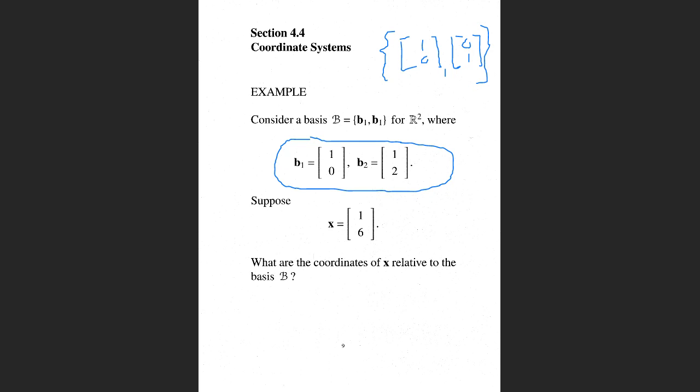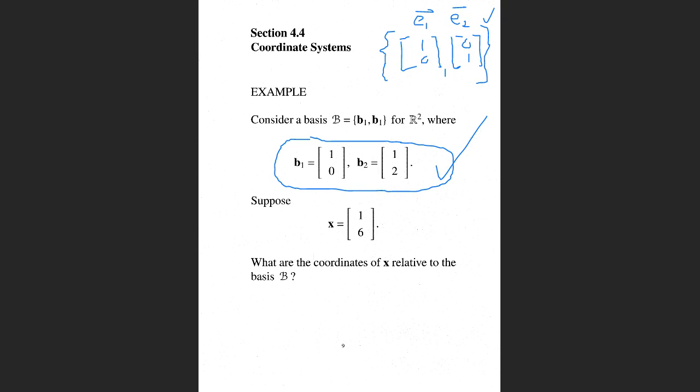So sure, the e1, e2 vector basis is called your standard basis. It's what you're used to. But this basis with b1 and b2 is also a basis for R2. The vectors will span R2, and they are linearly independent.